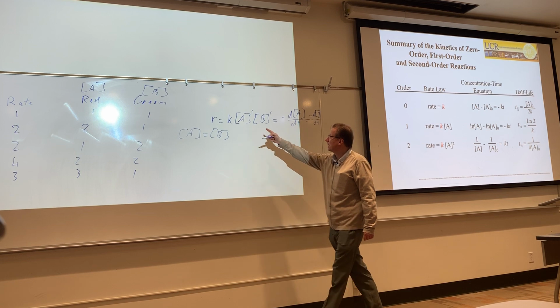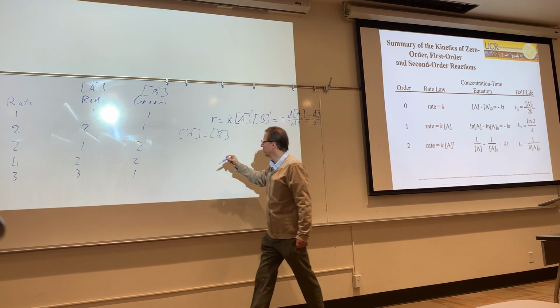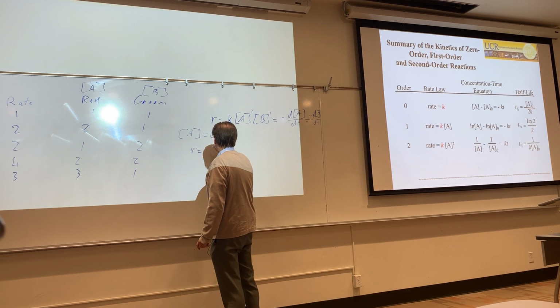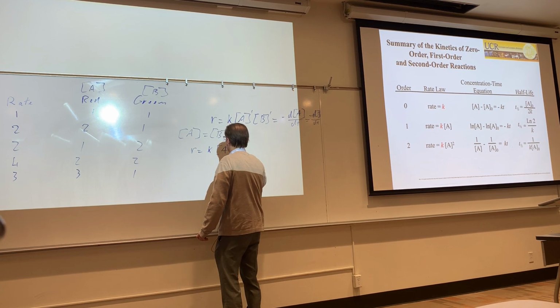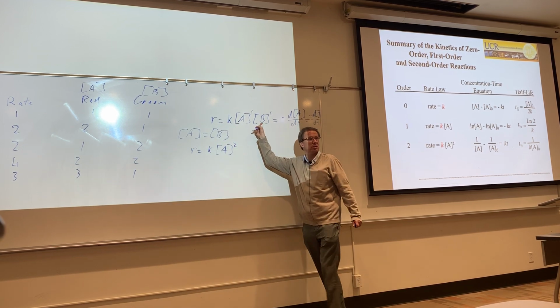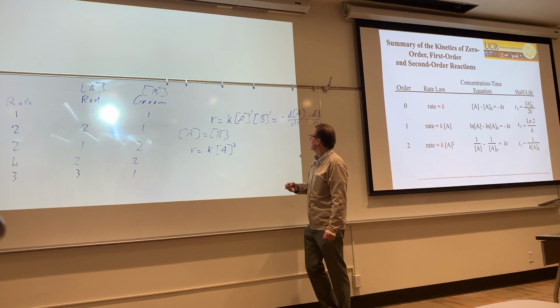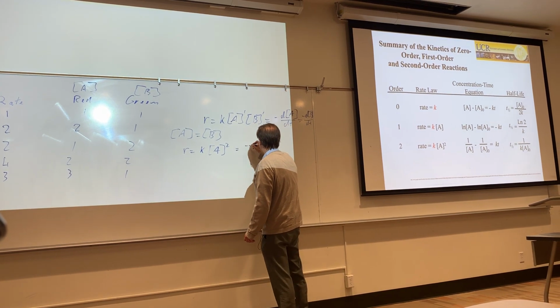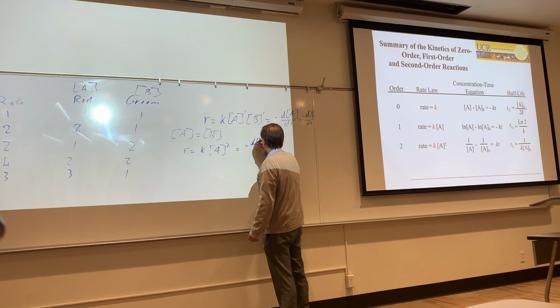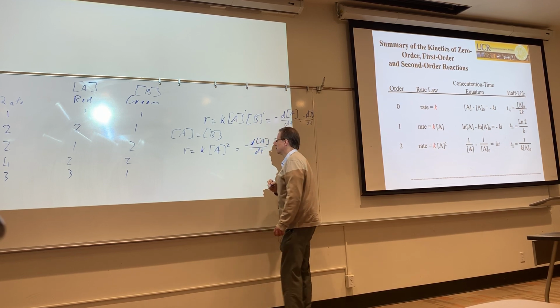So then I can simplify this one here, that the rate is some k times the concentration of A squared, because B is the same as A, and that becomes minus d concentration of A by dt.